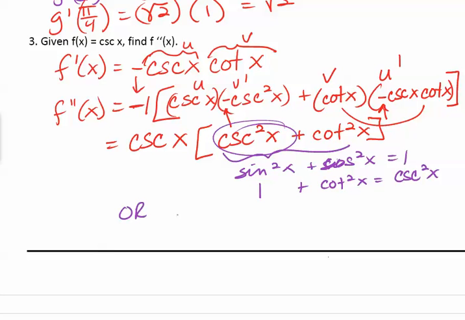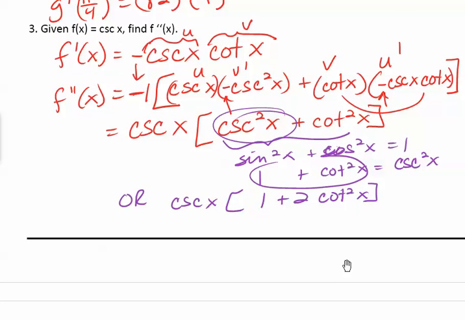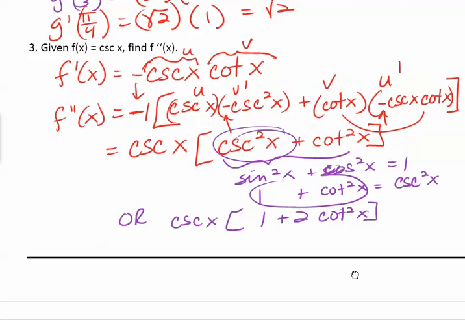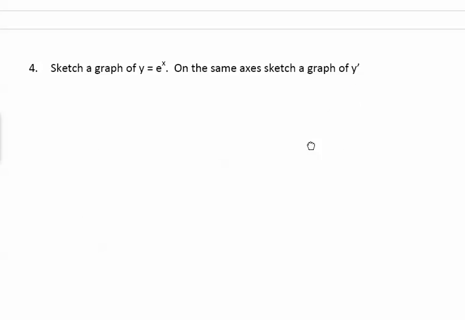So you could write this in several different formats. If I replace it with this binomial, then I would have 1 plus 2 cotangent squared, but that certainly isn't any simpler than the previous. So as long as you clean up the positive negative signs, do as much simplifying as you think is practical. All right, let's press on to number 4.